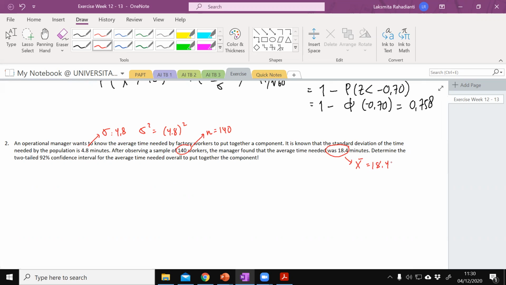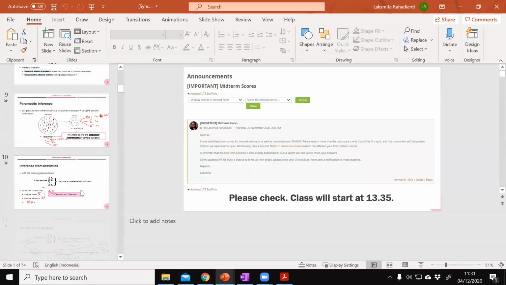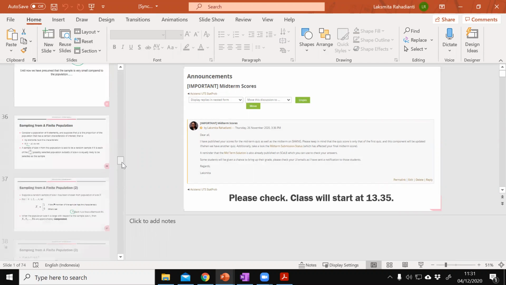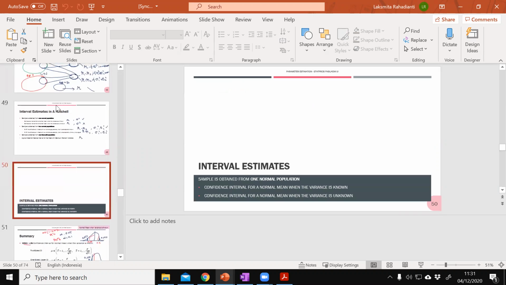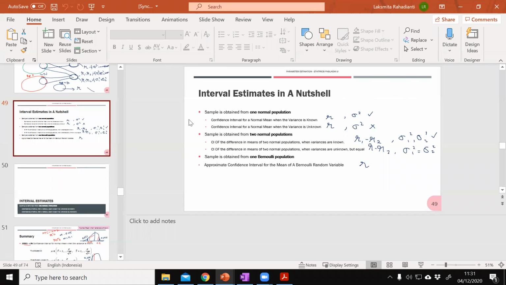So we now know that we have a population with a known variance, and I have taken a sample from them. So here, let's look at the parameter estimation slide. Among all of the information that we do know, let's look at what category it falls in.